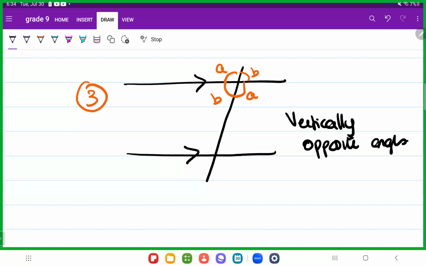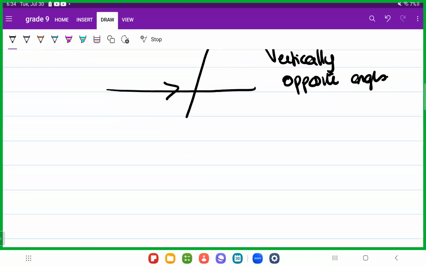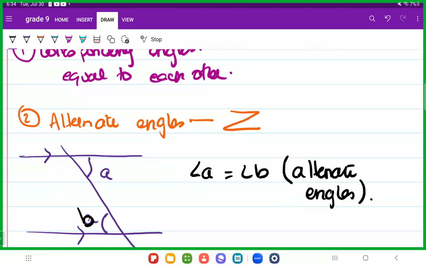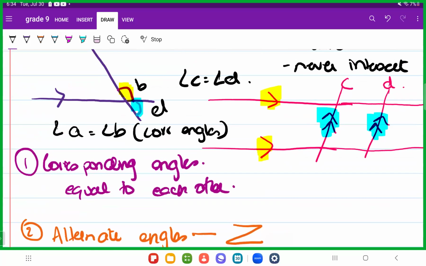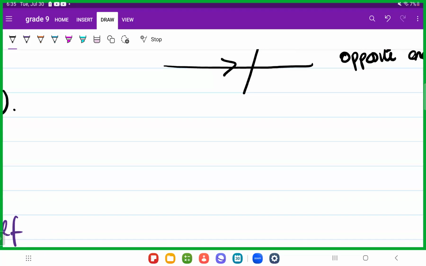Another property is the interior angle property. We did corresponding angles, right?